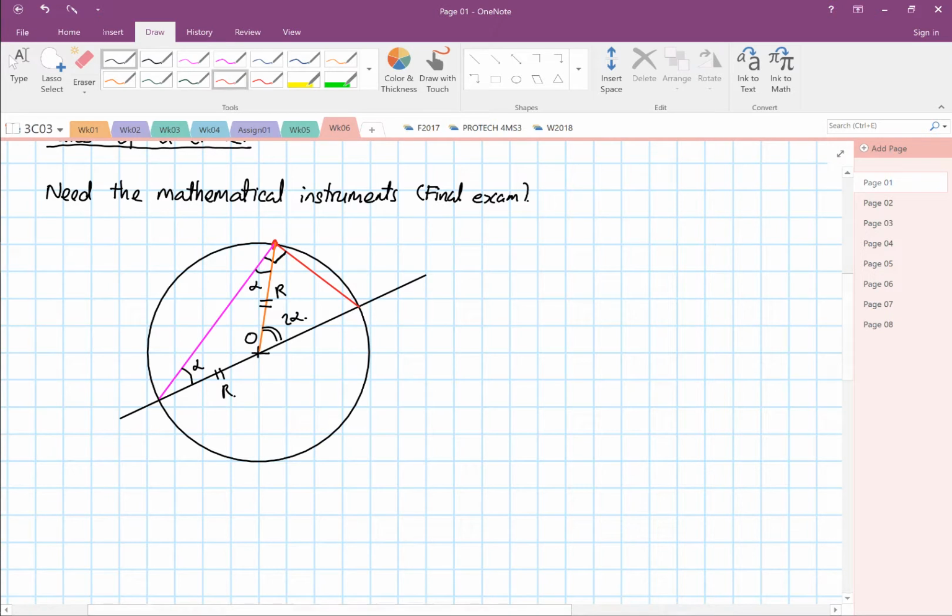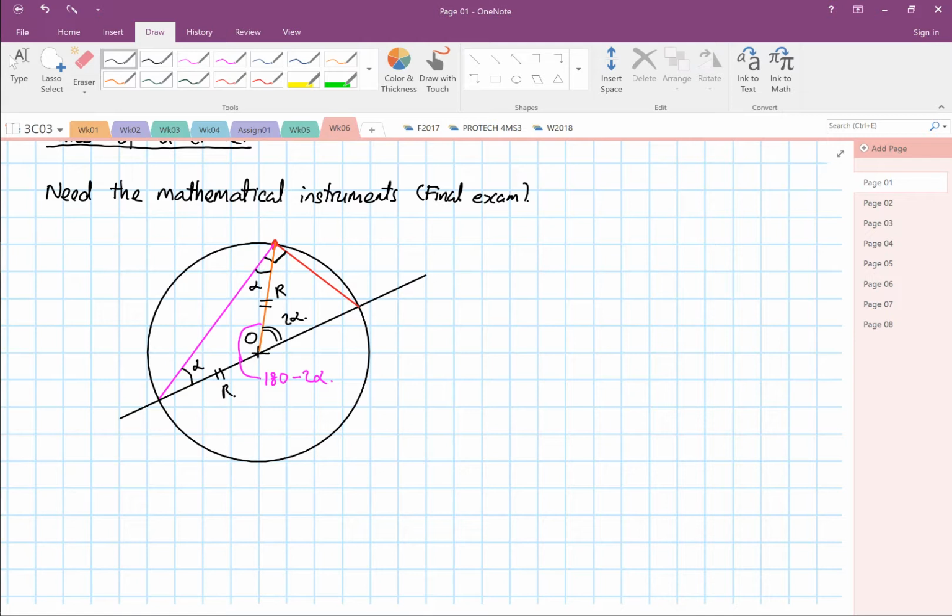And why is that? It is because the angle over here that's just written down is equal to 180 minus 2 alpha, and the 2 alpha is because of the angles on a straight line that's equal to 180 degrees. Okay, so these are the rules of the circle, and to start doing Mohr circle you have to remember this rule.